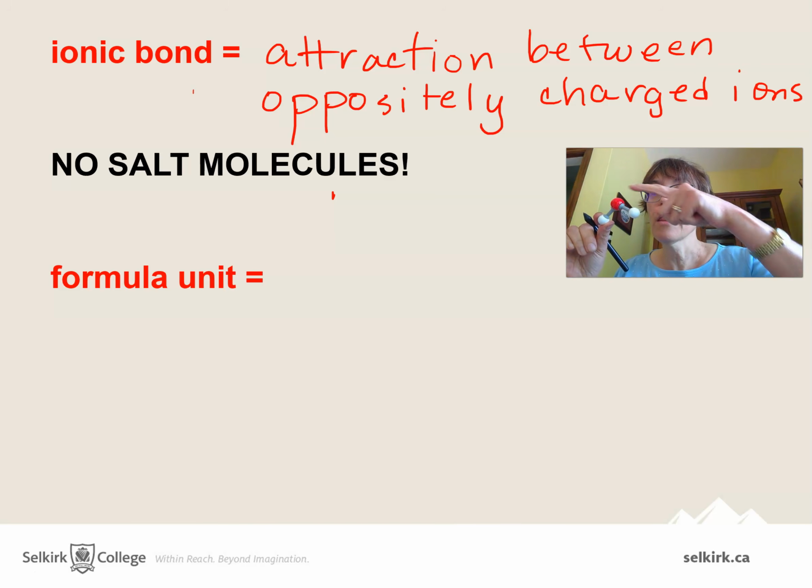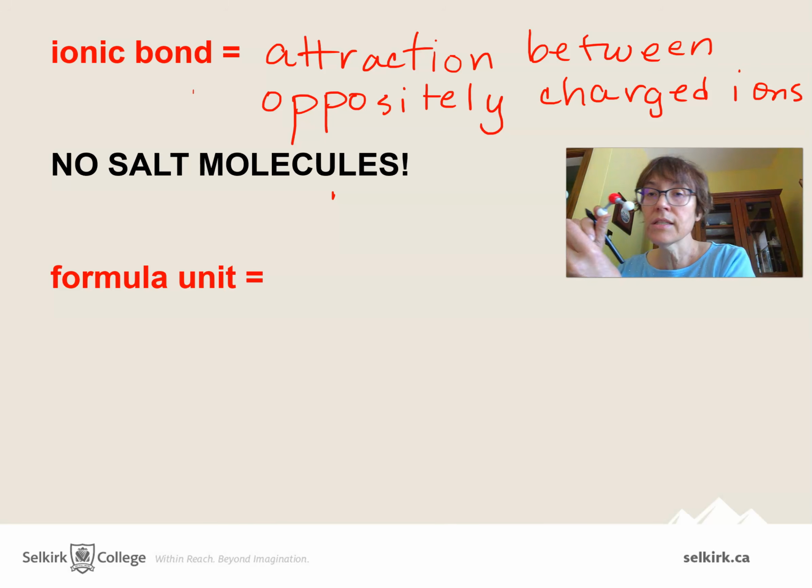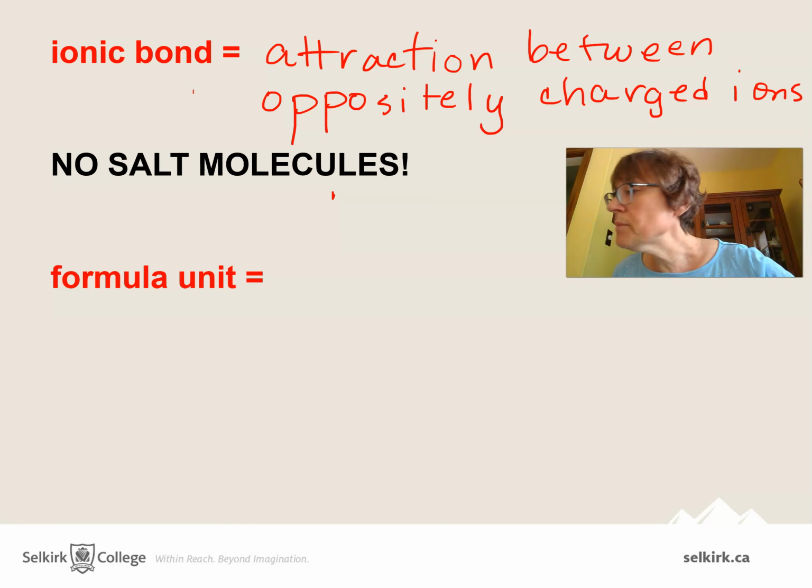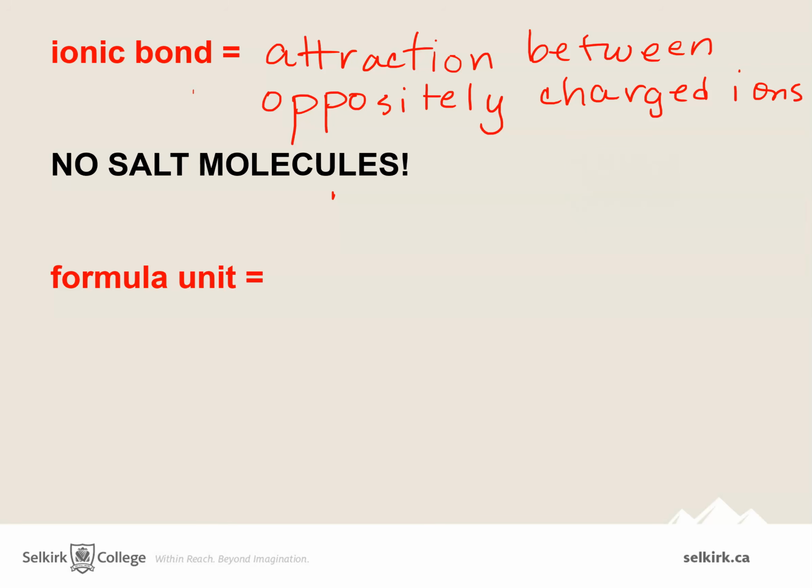In water, this oxygen is attracted to these hydrogens only, covalently bonded to those. And it's easy to distinguish that from another water molecule. This oxygen only to those hydrogens, this oxygen only attracted to those hydrogens. So we can't talk about molecules in ionic compounds.